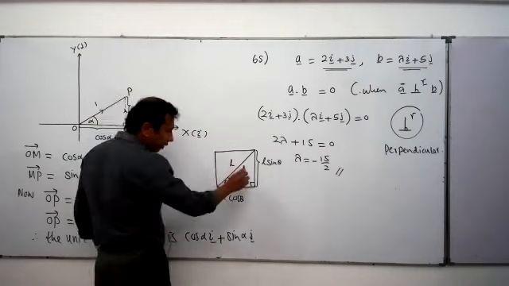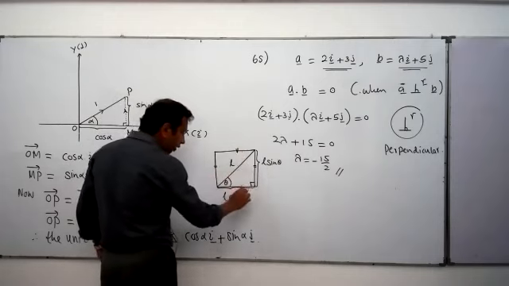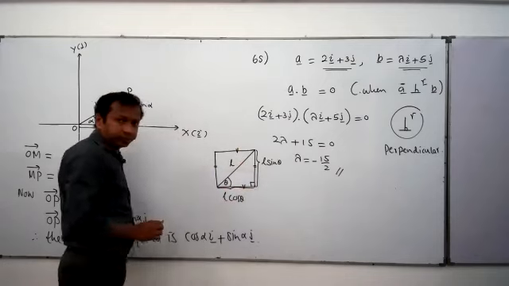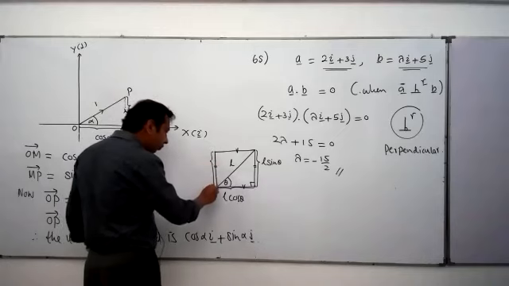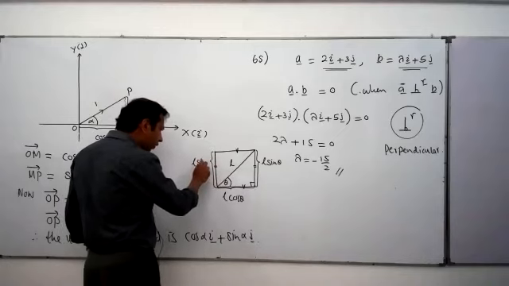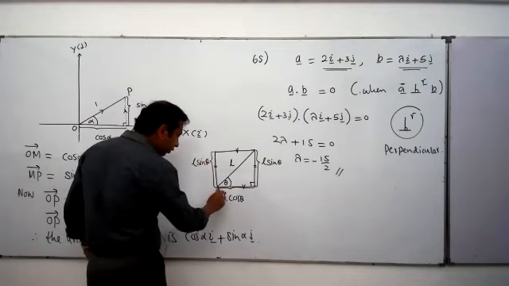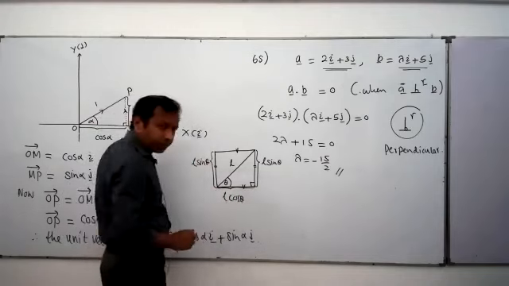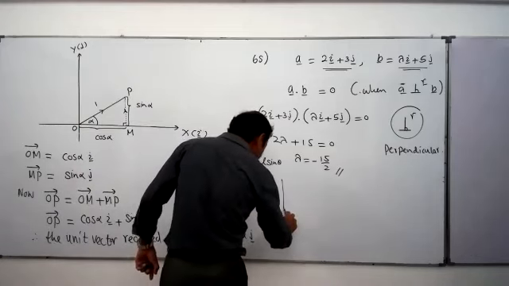When this is a rectangle, this side and this side are equal. This side and this side are separately equal. Then this side is L sin theta. This side is L cos theta.